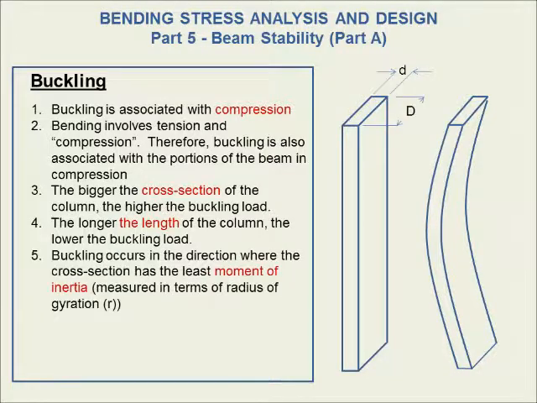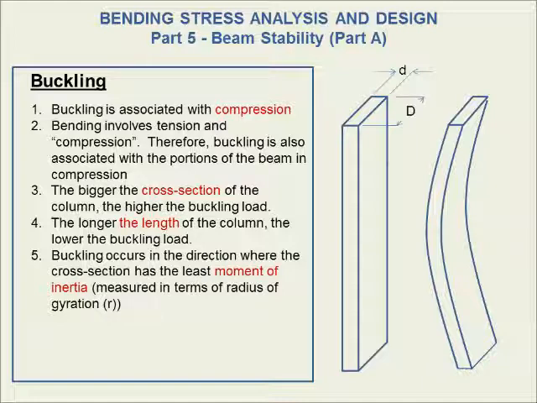So we can say that buckling occurs in the direction where the cross section has the least moment of inertia, measured in terms of the radius of gyration. Now, the radius of gyration is something that we'll get into defining later on. The radius of gyration basically is the moment of inertia divided by the area and the whole thing square rooted.